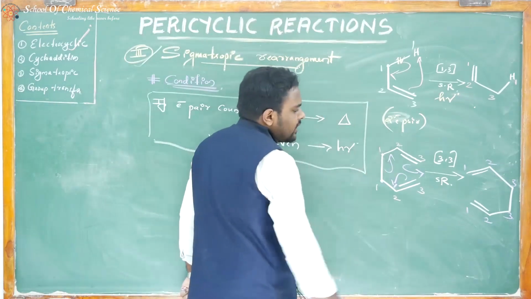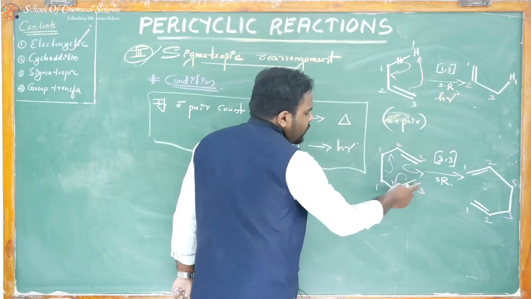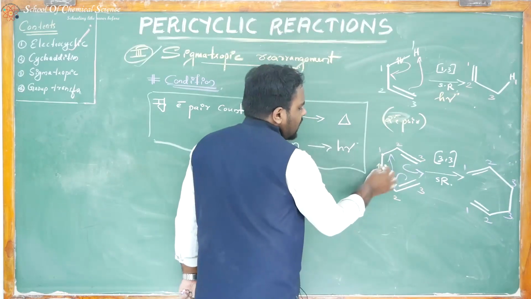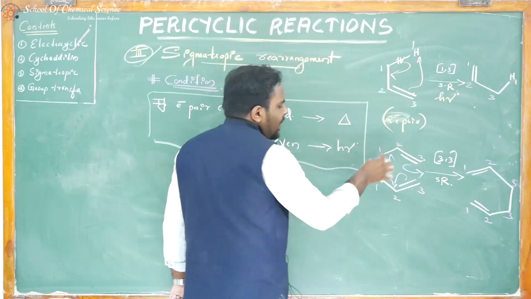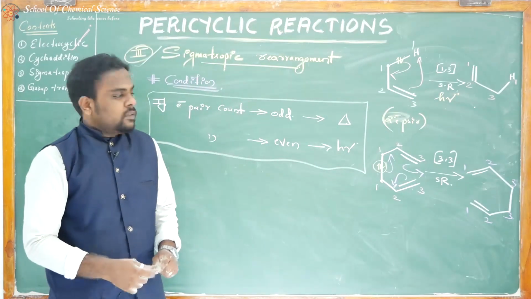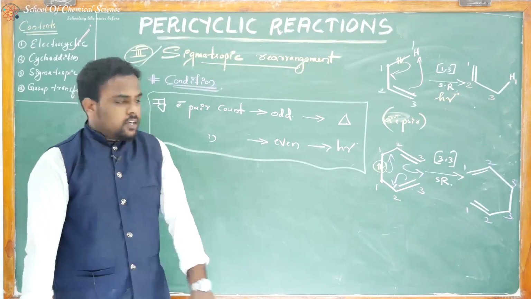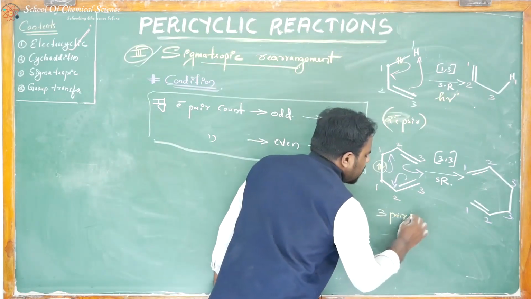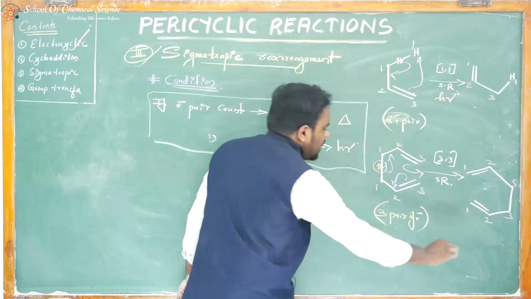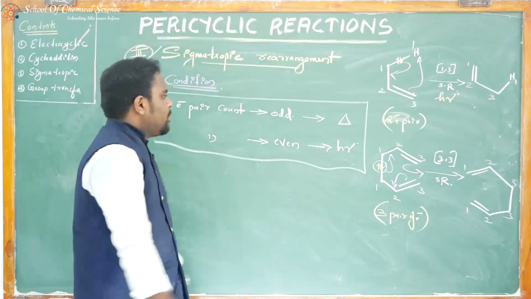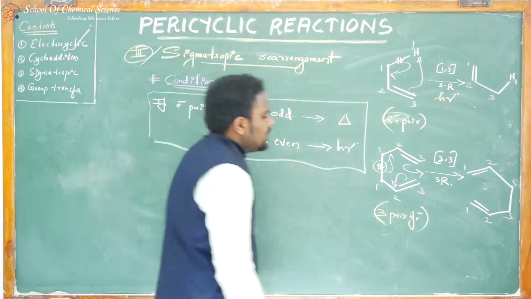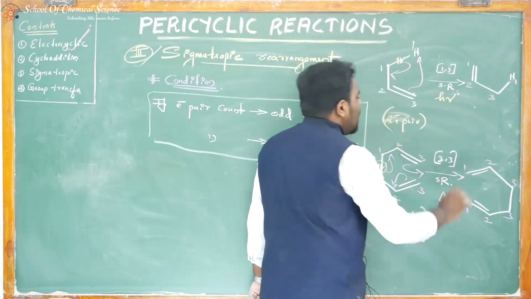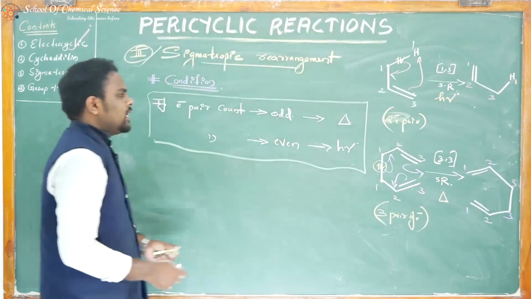How many electrons are involved in the process? 2 plus 2, 4 pi electrons and 2 sigma electrons are involved. So total 6 electrons. 6 electrons means 3 pairs of electrons. 3 pairs of electrons is an odd number, so definitely this reaction will be feasible under thermal condition.